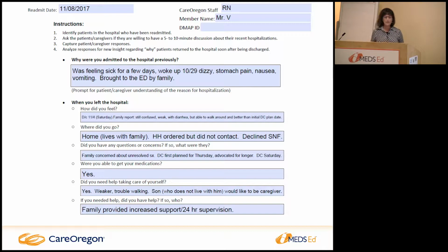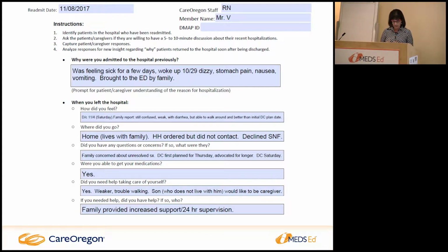So we're going to walk through a real case. I have a transitional care nurse here whose actual case we reviewed in our root cause analysis group.